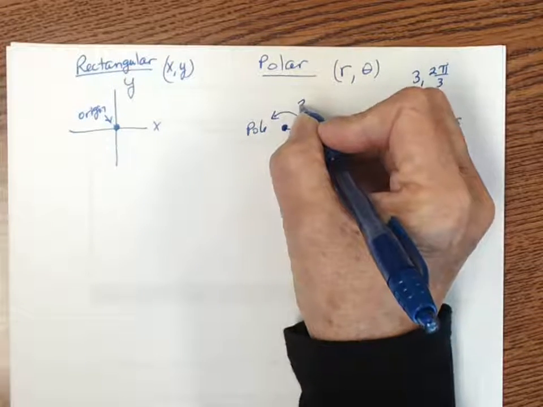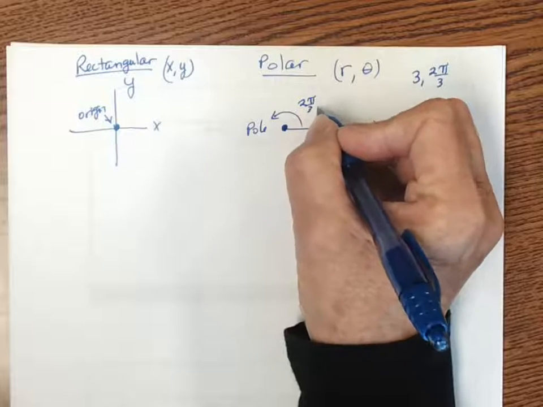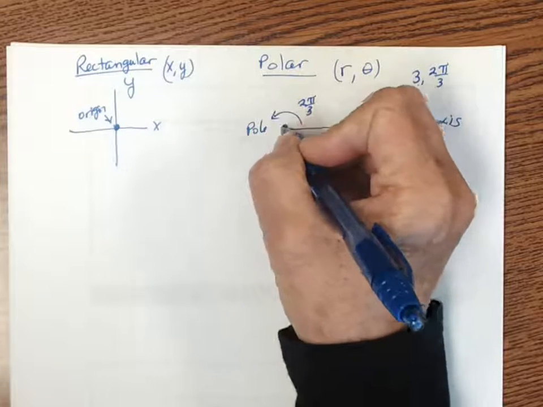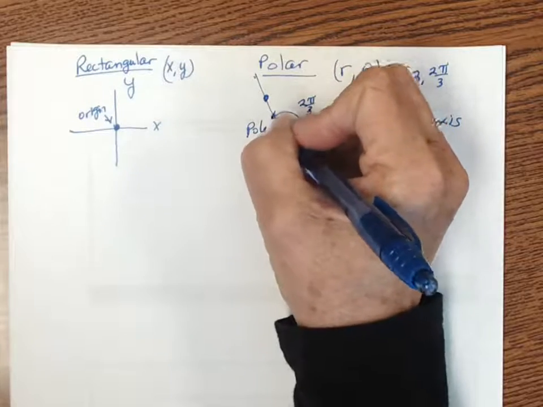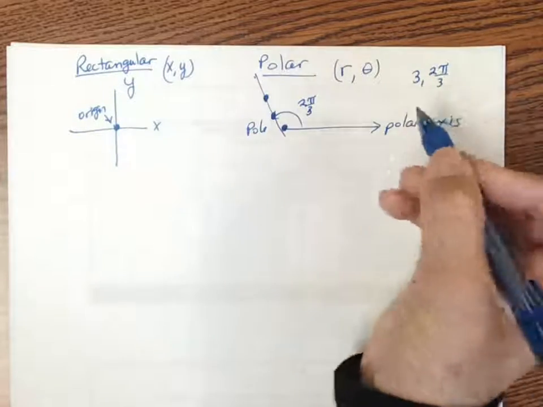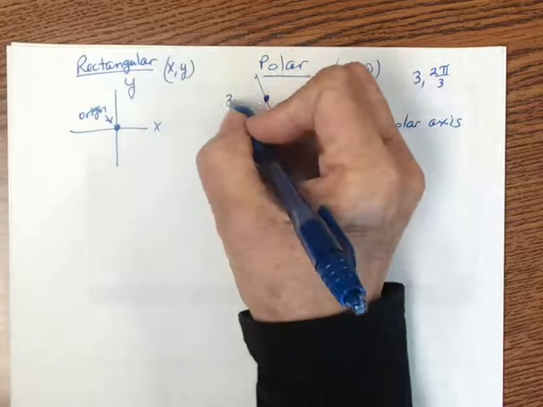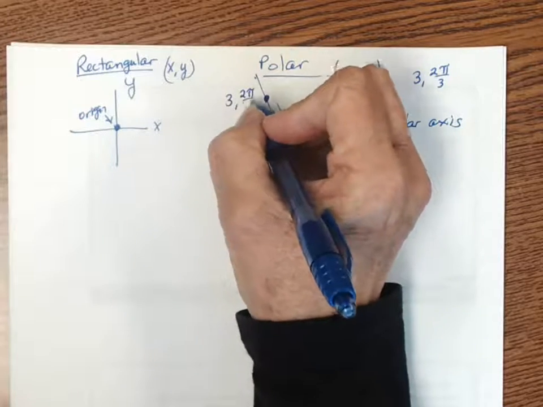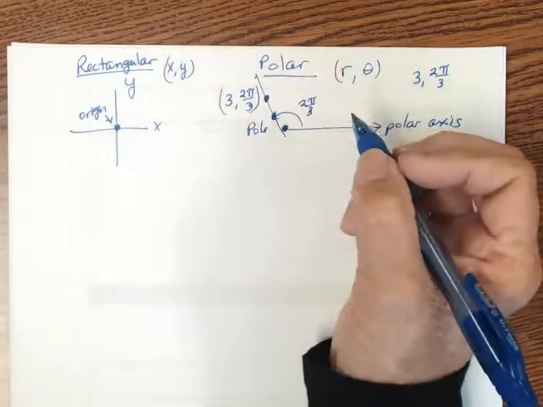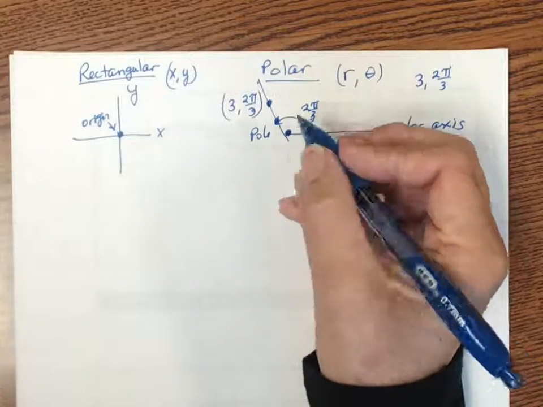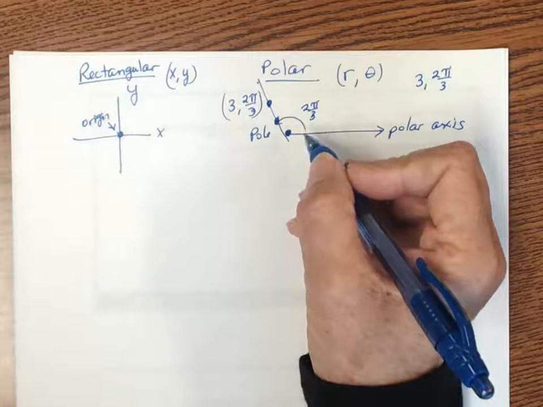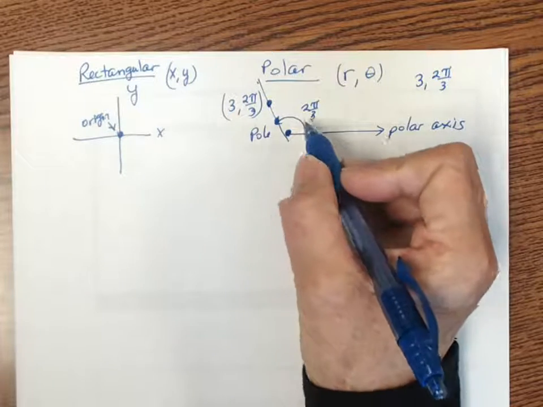So that's 2 pi over 3 is my angle, and I'm going to go out 2 units. So I've gone out 2 units. There is my point, 3 comma 2 pi over 3. So that's the way our polar system is going to work, and you're going to get to explore this on the Desmos activity. I think it will really help you.